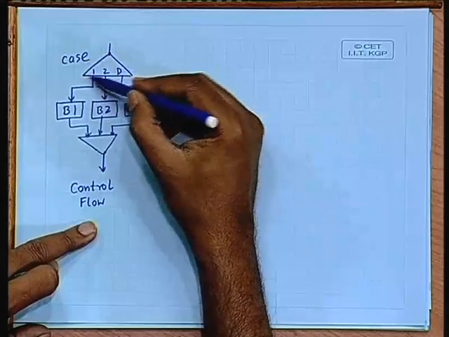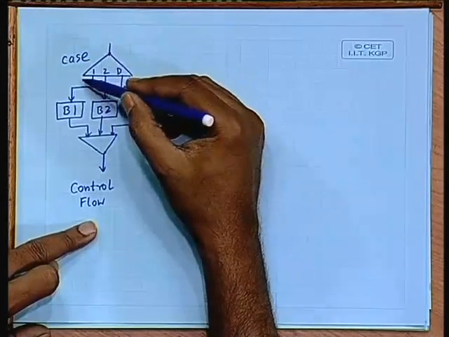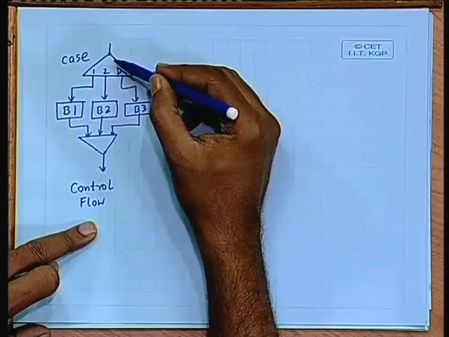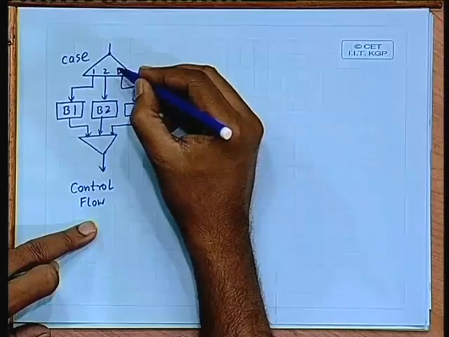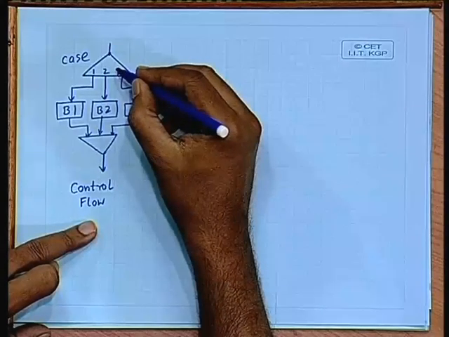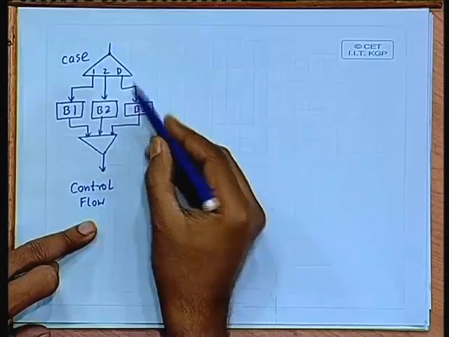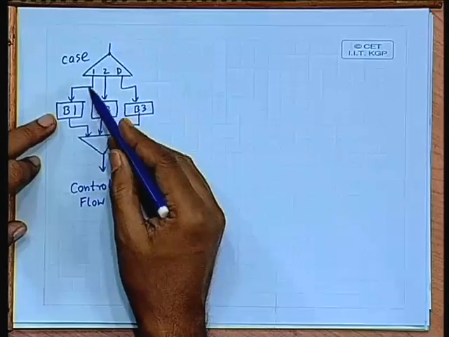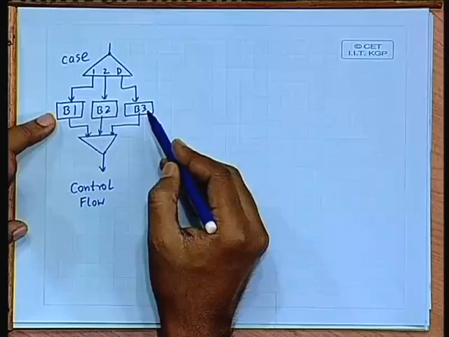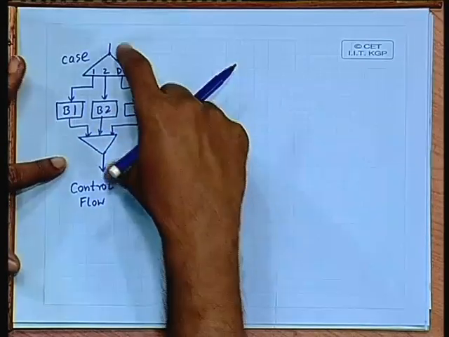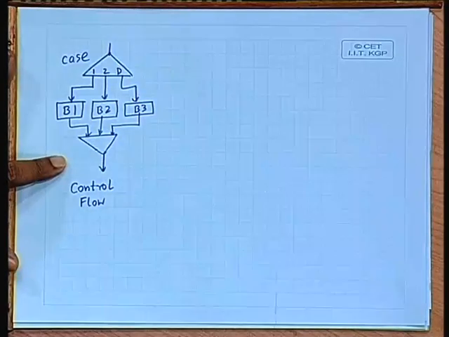So, there will be some kind of a multiplexer or a decoder out here. It will be checking the value of the variable C. Depending on the value of C, it will be generating control signals to activate B1 or B2 or B3. Now, this is only a part of the story, this is not complete.